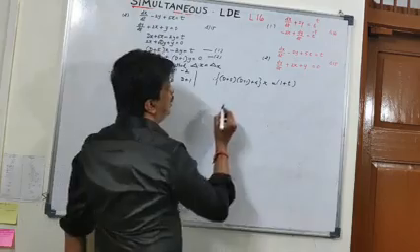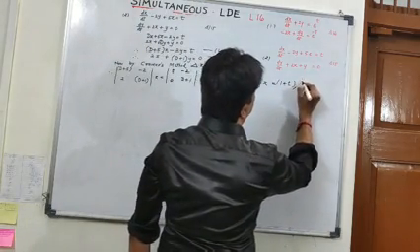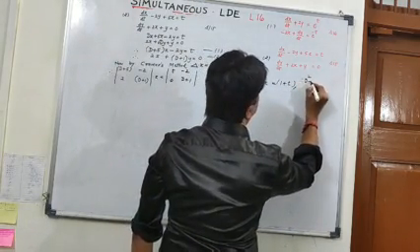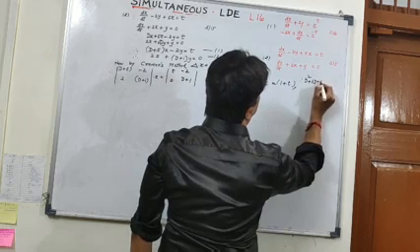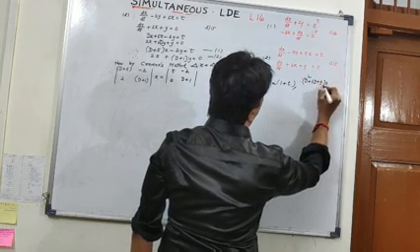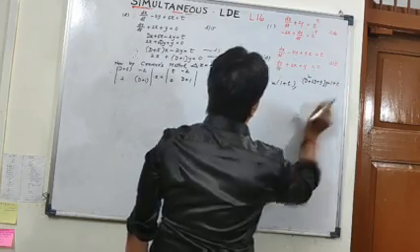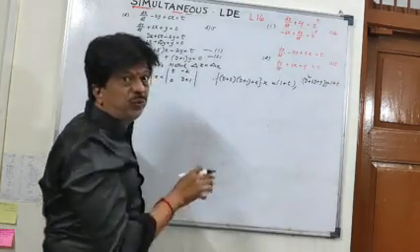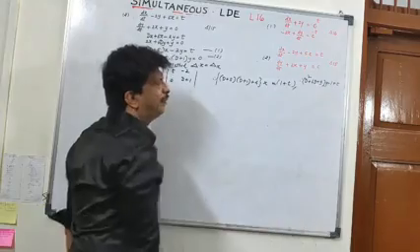This is nothing but (D² + 6D + 9) into x is equal to 1 + t. This is D² + 6D + 5 + 4, so it is 9.